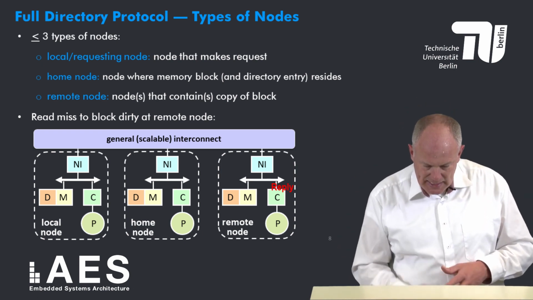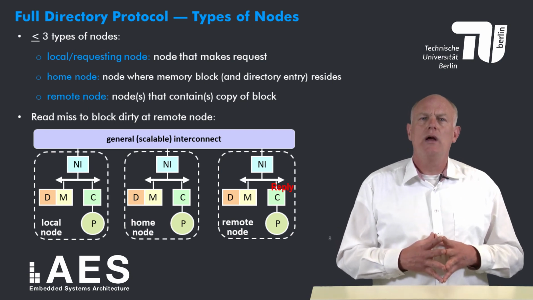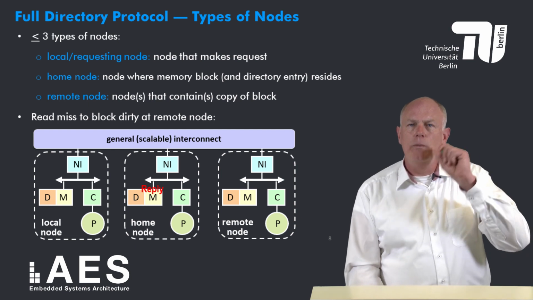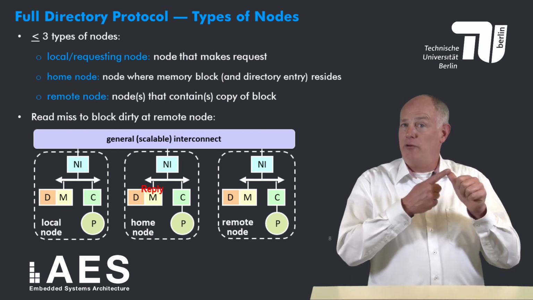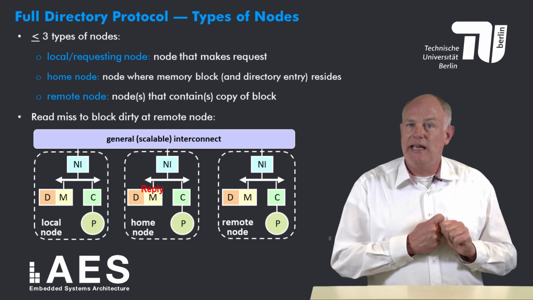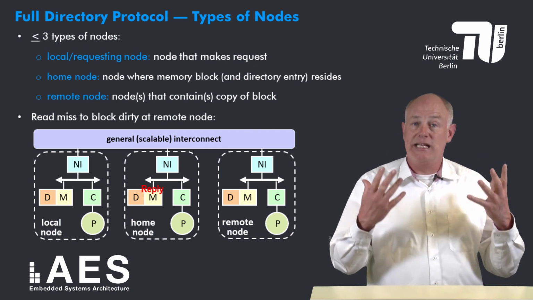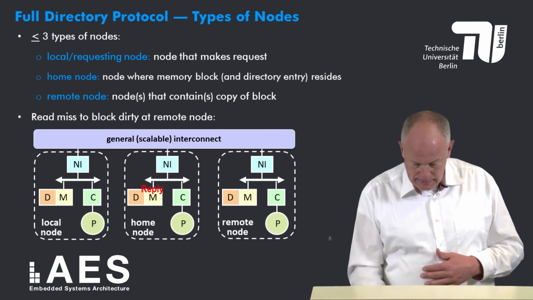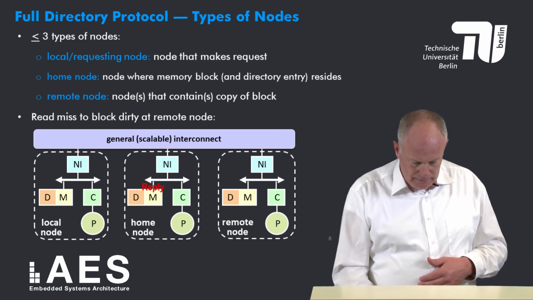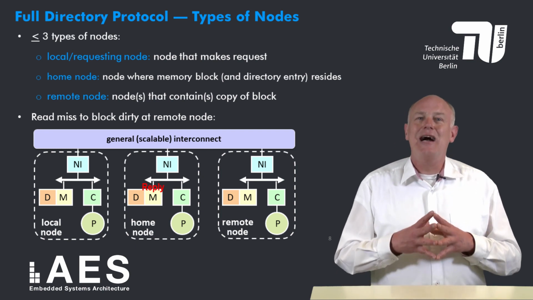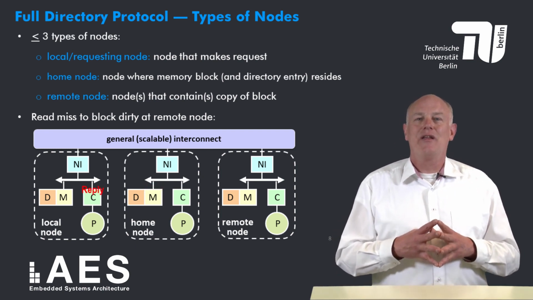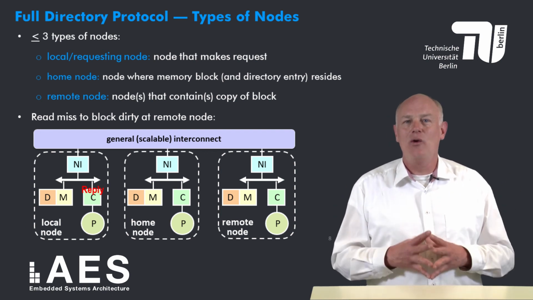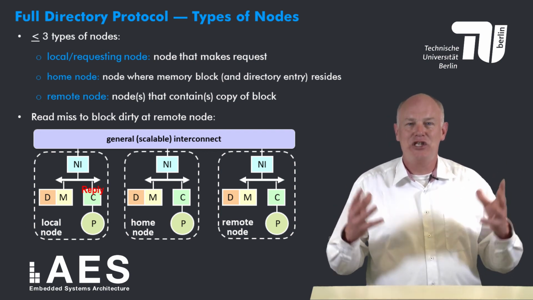The reply message is sent back to the home node like this, and the home node now does 2 things. First, it writes back the block in its local memory so that the block is clean again and clears the corresponding dirty bit. And finally, it forwards the reply to the local node, which can now allocate its copy in state shared.